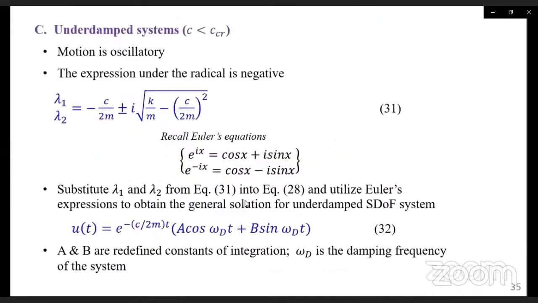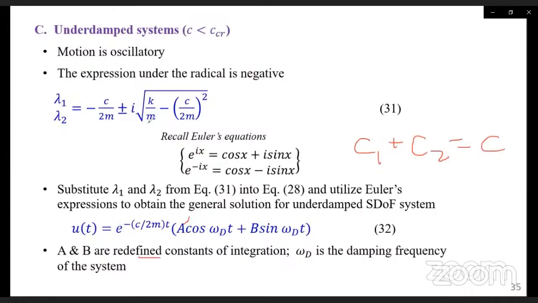If I have C1 and you have C2, I can add them and call them C, because it is still a constant. So this A could be C1 plus C2. These are just other redefined constants of integration. The thing about constants is that they are not varied.